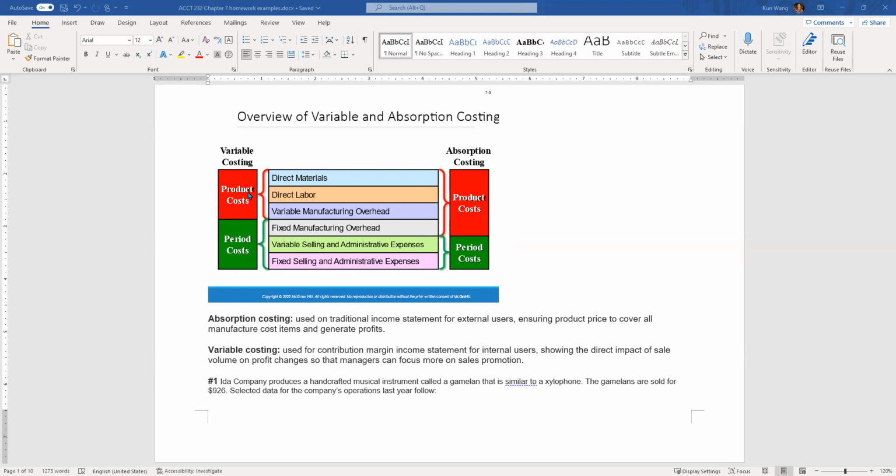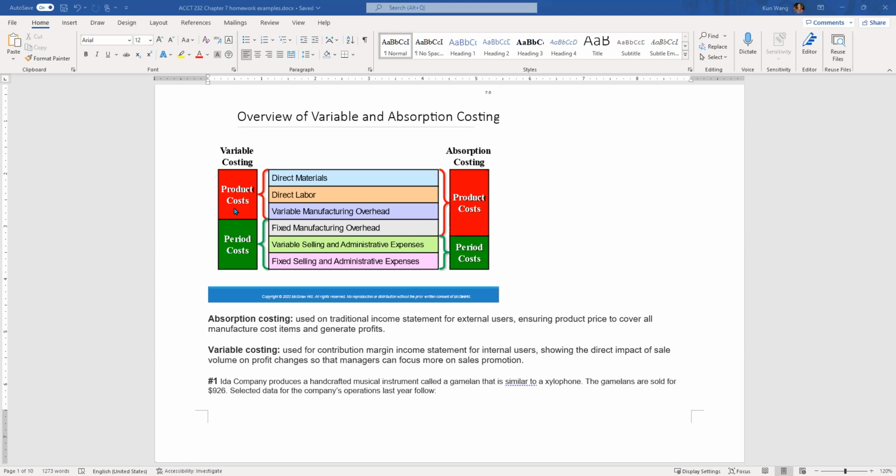On the other side, if you use the variable costing concept to prepare the income statement, it will be like the contribution margin income statement we used in Chapter 6.